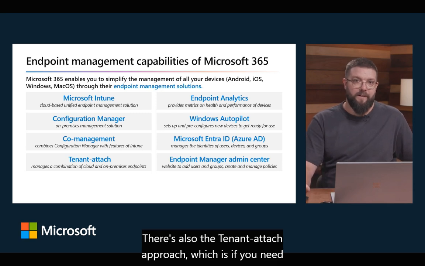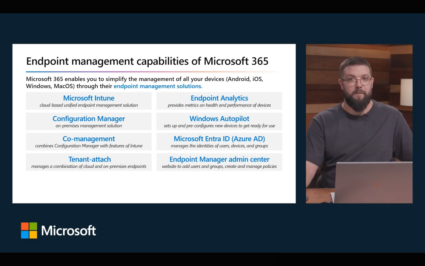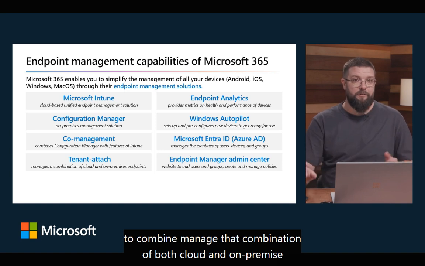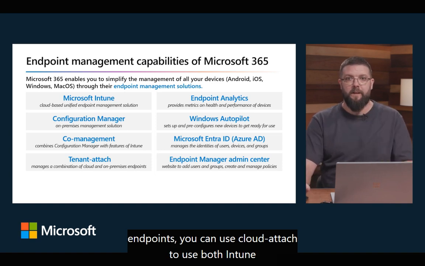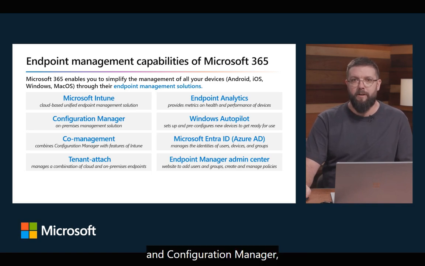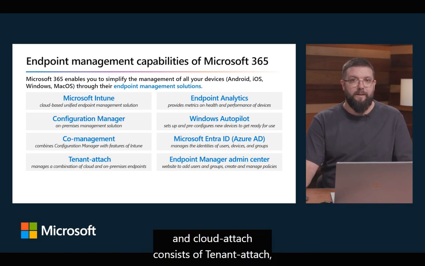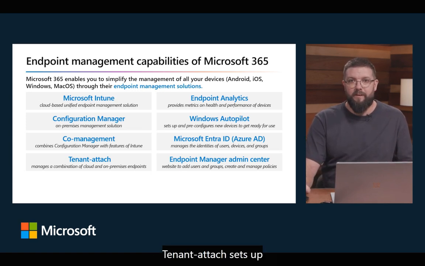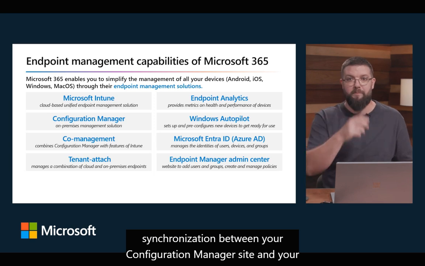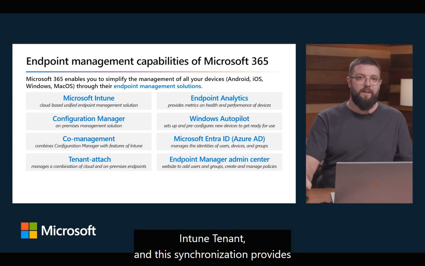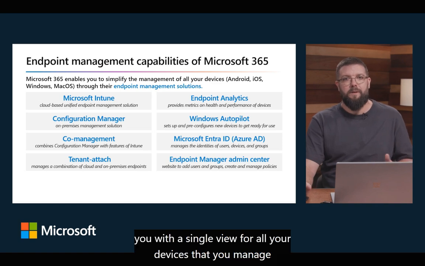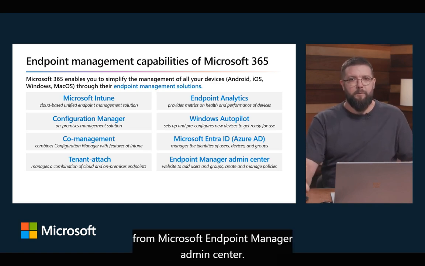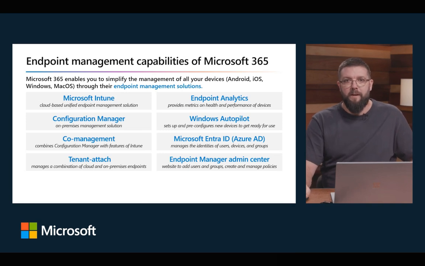There's also the tenant attach approach. If you need to manage that combination of both cloud and on-premises endpoints, you can use Cloud Attach to use both Intune and Configuration Manager. Cloud Attach consists of tenant attach, co-management, and endpoint analytics. Tenant attach sets up synchronization between your Configuration Manager site and your Intune tenant, and this synchronization provides you with a single view for all the devices you manage from Microsoft Endpoint Manager Admin Center.